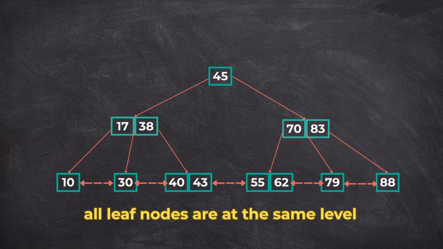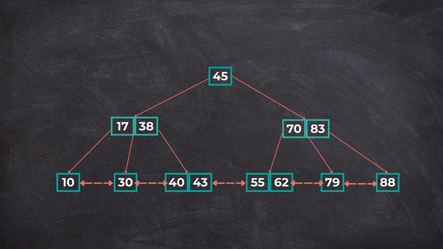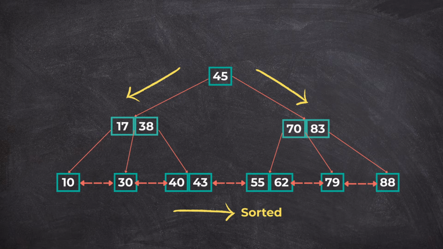All leaf nodes are at the same level. This balance is crucial because it ensures every search takes exactly the same number of steps from root to leaf. For example, in our diagram, the root has the key 45, which splits the data into left and right halves. Each internal node narrows the search further, and at the bottom, all the leaf nodes are linked in sorted order.